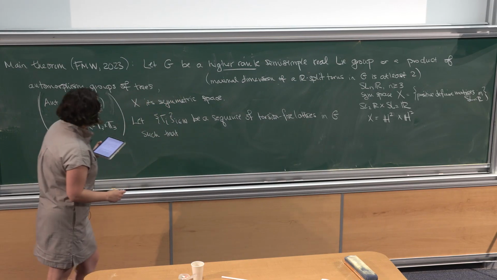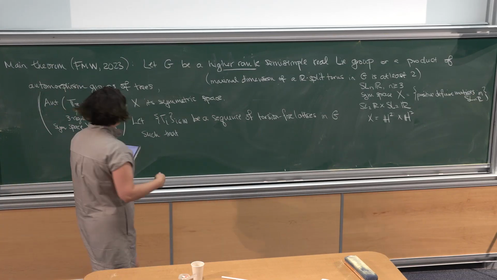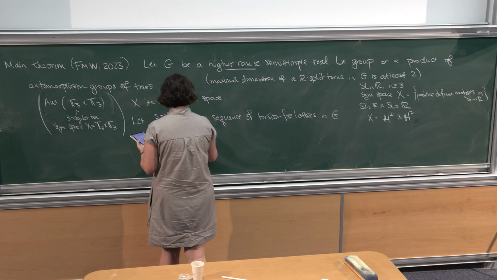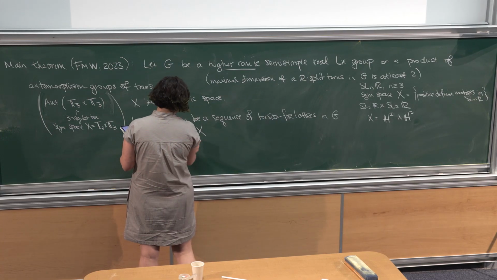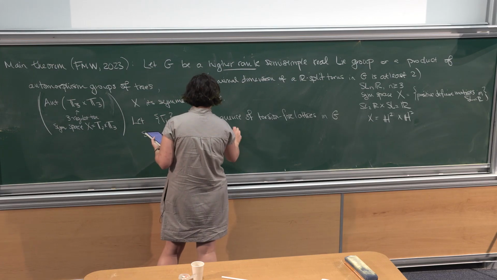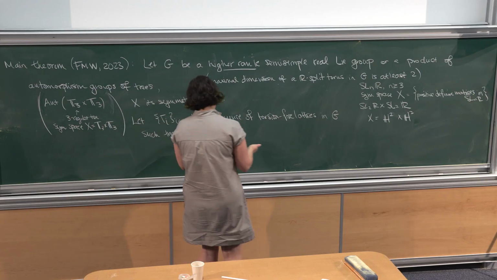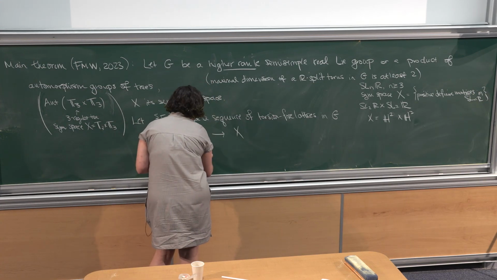We have the sequence of lattices, and we can take our symmetric space X and mod out by each lattice in that sequence. We want it to converge in some sense to X. The convergence we use is called Benjamini-Schramm convergence.